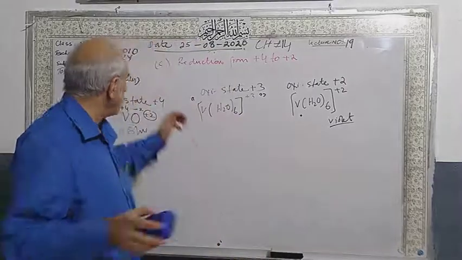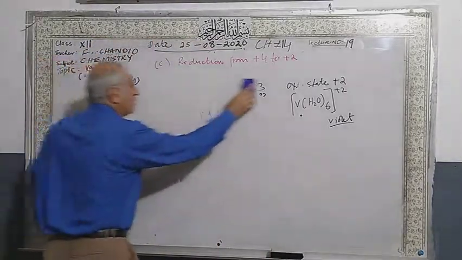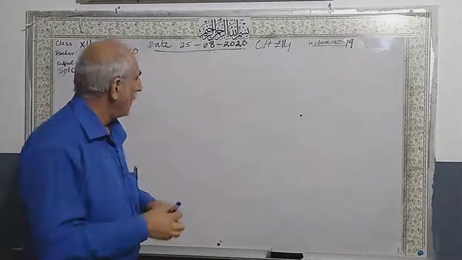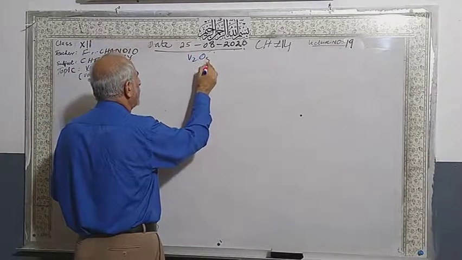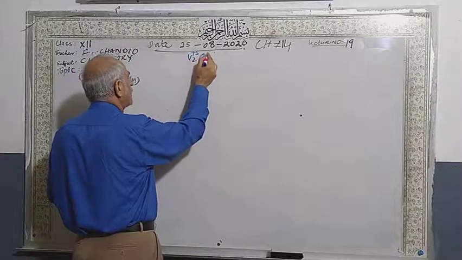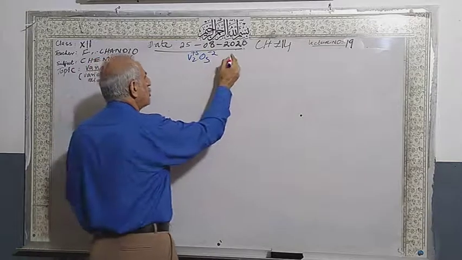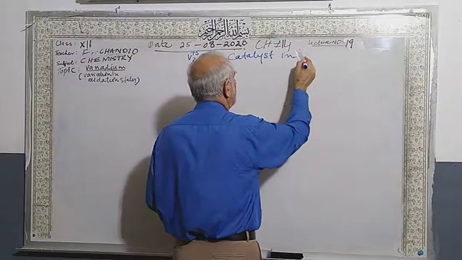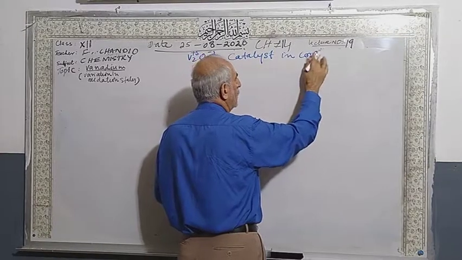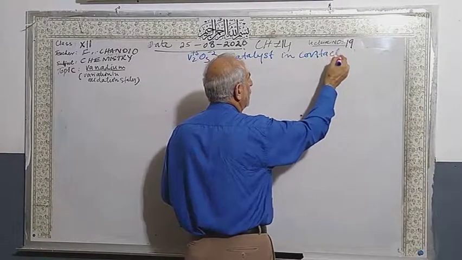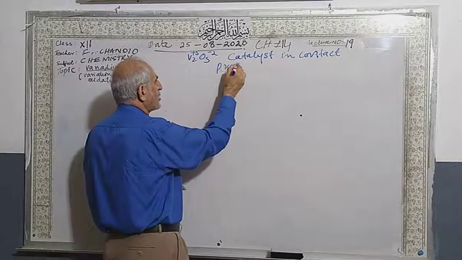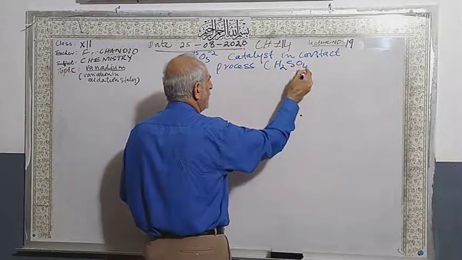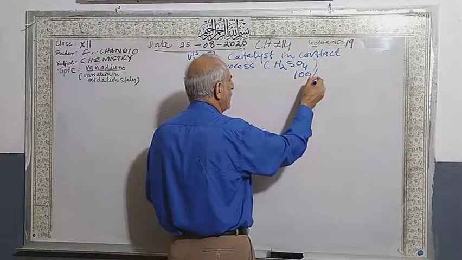There is another very important topic, so I am going to remove this. Already I told you that vanadium pentoxide, in which vanadium has a positive 5 oxidation state and oxygen has a negative 2, is used as a catalyst in the contact process for the preparation of sulfuric acid, and the purity of the sulfuric acid is about 100%.